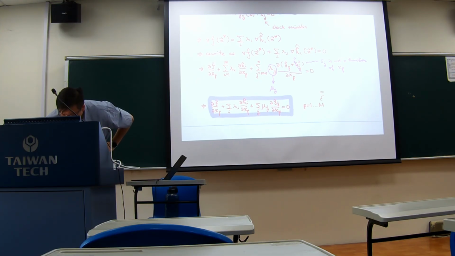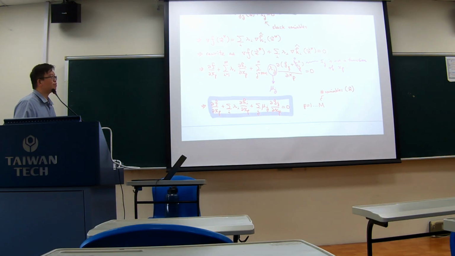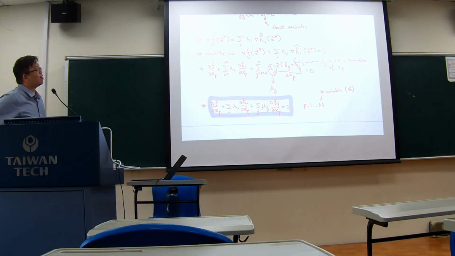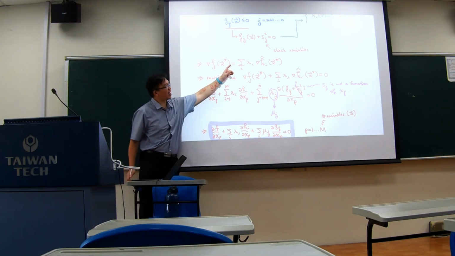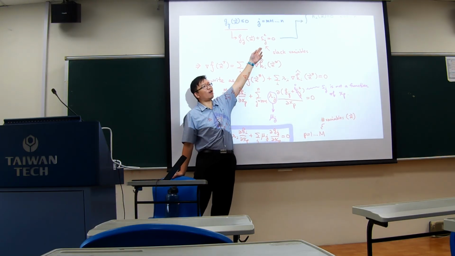This is the number of variables, the number of components inside x. However, earlier we introduced Sj. They are also variables of the optimization problem.